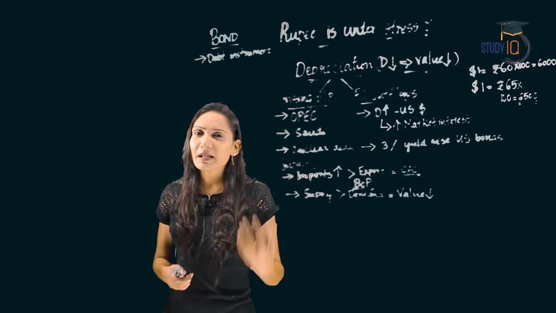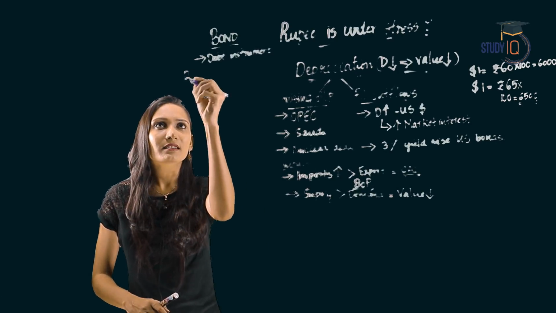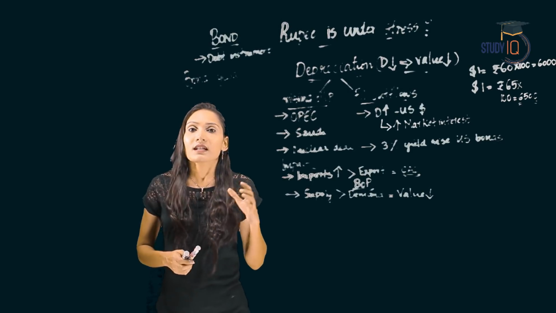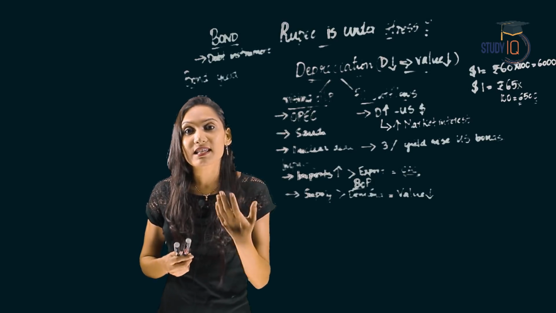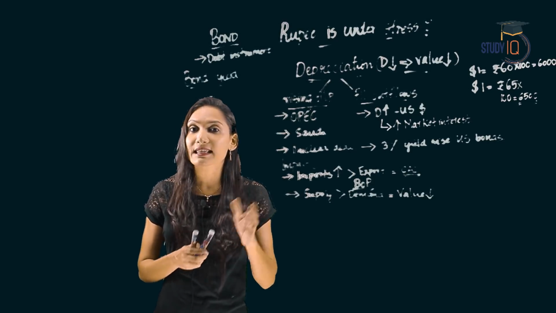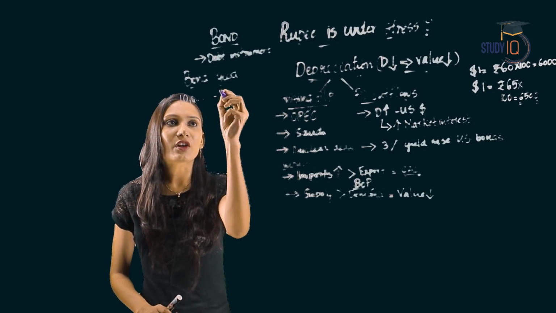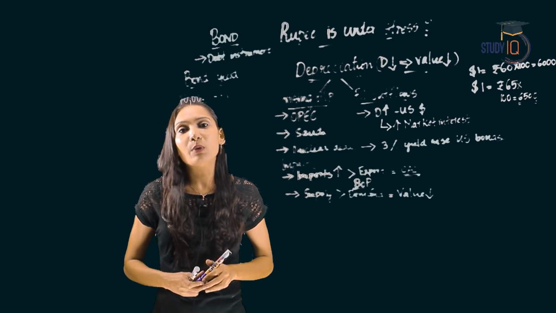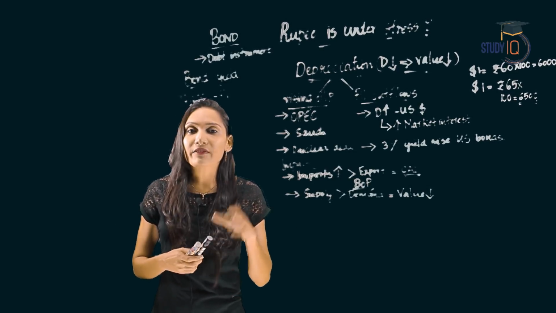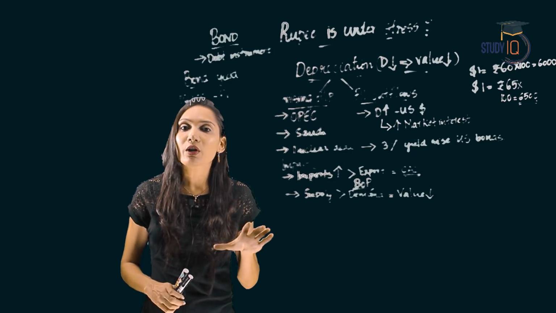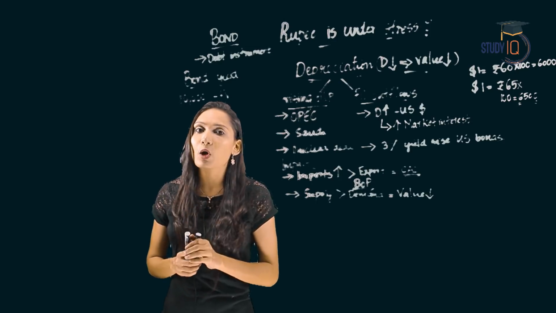We will see a very important term related to bonds, that is the bond yield. Suppose the value of the bond is 10,000 rupees. You are purchasing the bond for 10,000 rupees, and this is known as the face value of the bond. The interest of the bond will be mentioned in the bond itself.